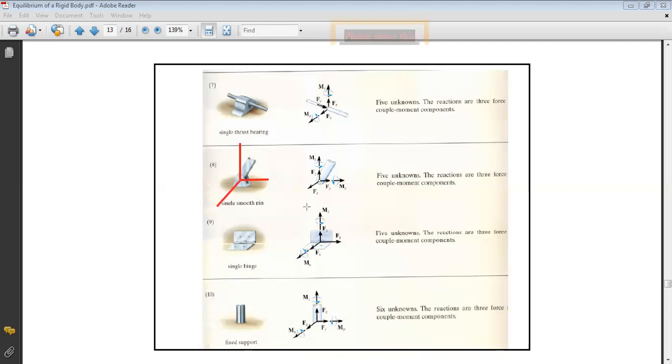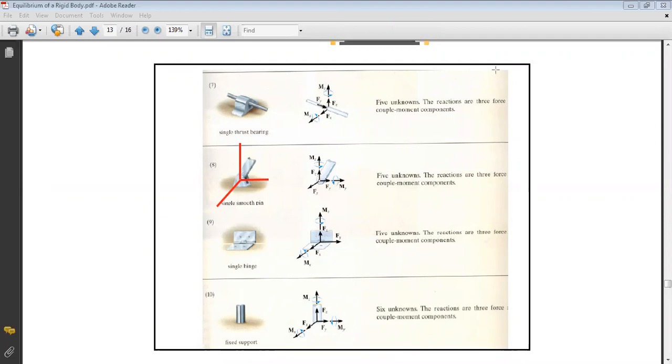This is why the only allowable motion is rotation about X. This is why we don't have Mx. All other types of motion are not allowed. So I should have resistance Fy, My, Fz, Mz, and Fx.